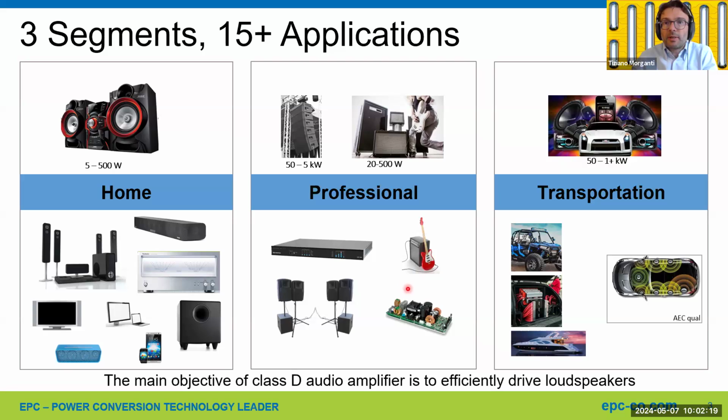Many of them are using Class-D audio power amplifier modules like this one, and music instruments. And for transportation, we have automotive audio, so amplifiers in cars, and also in vehicles in general, like boats or AGVs.